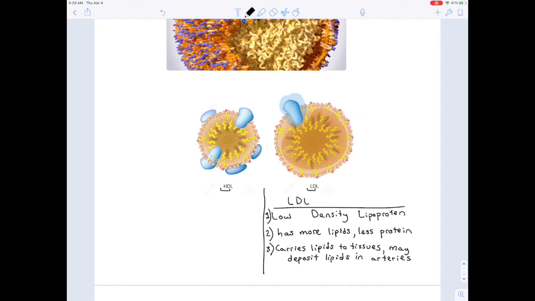And because of that, you'd get a sort of plaque that could build up on your artery walls. And so the more LDL you have, the more chance you have of getting a thick plaque on your artery walls. High levels of LDL are associated with an increased risk of getting atherosclerosis.